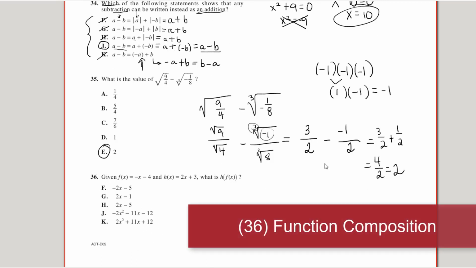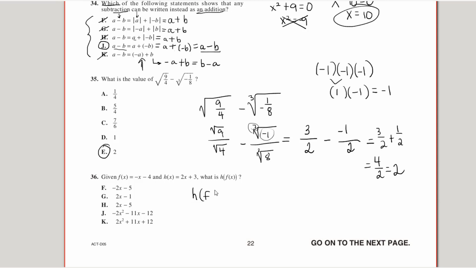Question 36 says, given f of x and h of x, what is h of f of x? So we're given two functions, and we're going to find the composite here. That's the same as taking h of, instead of f of x, I'm going to plug in negative x minus 4.